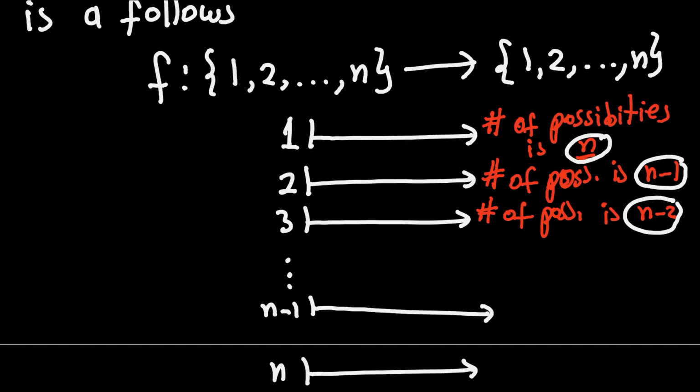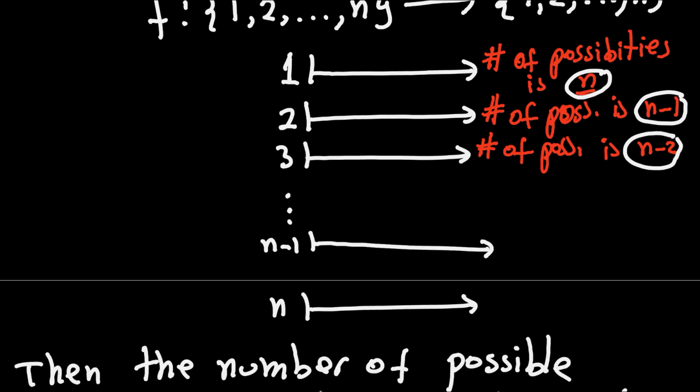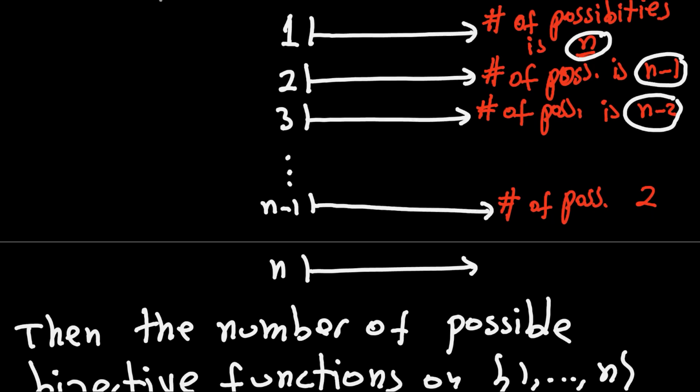Now you continue this way, and you see what happens here is every time I look at the number of possible ways in which I can map any number, it decreases by 1. So it's n minus 1, n minus 2, n minus 3, and so on. So if you keep going, the number of possibilities is going to decrease until you go up to 1. So here the number of possibilities will be 2, and here the number of possibilities will be 1.